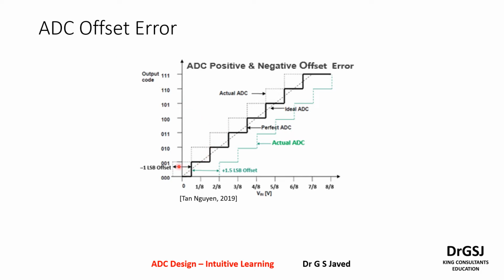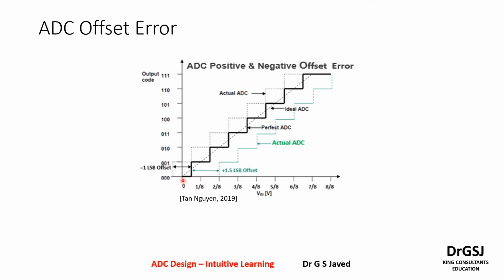The ADC can have one code higher, say it starts at 001 with this small black dotted line, and it could have its transfer function like this, where it skips one code but has the same nature on its own.